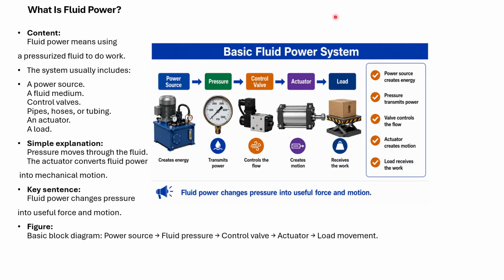What is fluid power? Here is a basic fluid power system. First, the power source, a fluid medium under pressure, a control valve, pipes, valves, hose or tubes, and an actuator driving a load.